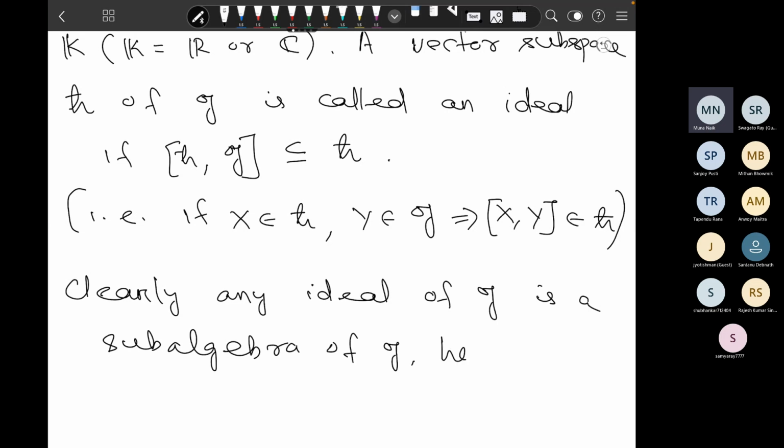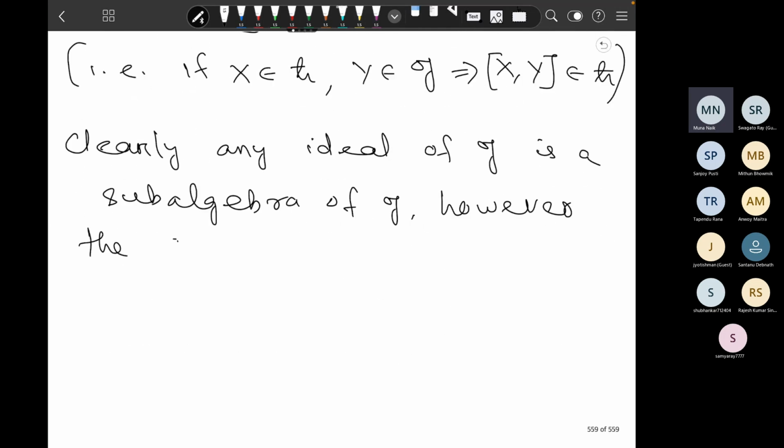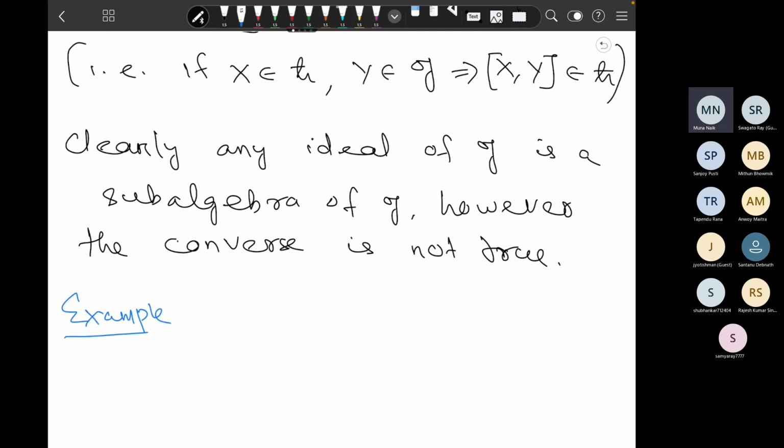However, the converse is not true. So for example, you can see that small sl(n,R) is an ideal in gl(n,R).